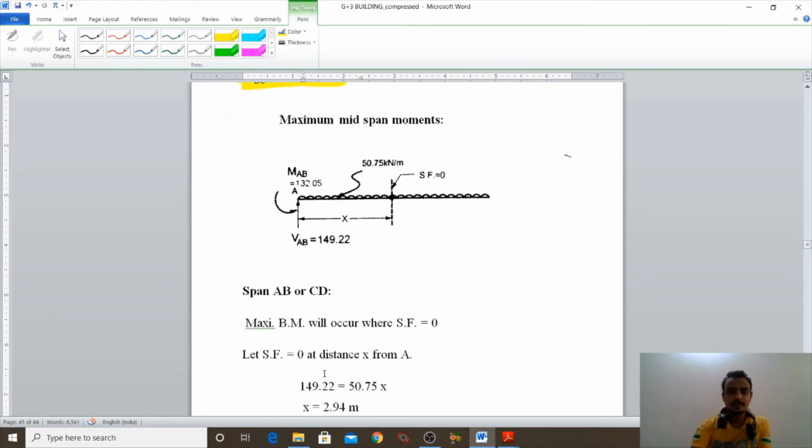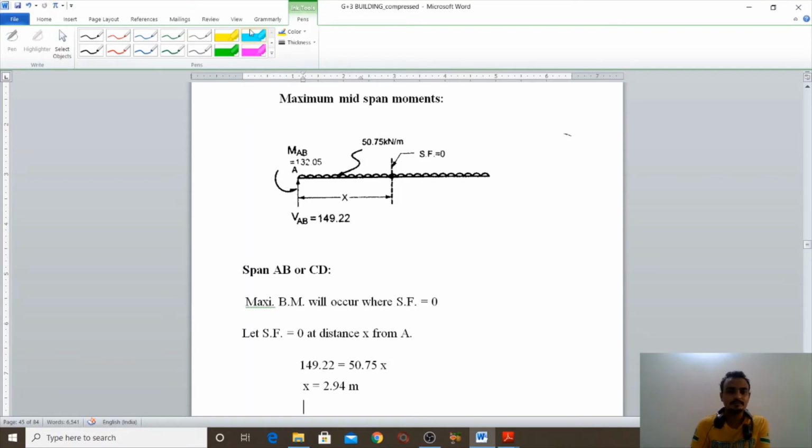Now we have to find out the maximum moment on the beam. So we are going to design a continuous beam. Okay, in a G plus building, we have a fixed end moment, but we have to design for the maximum moment here.